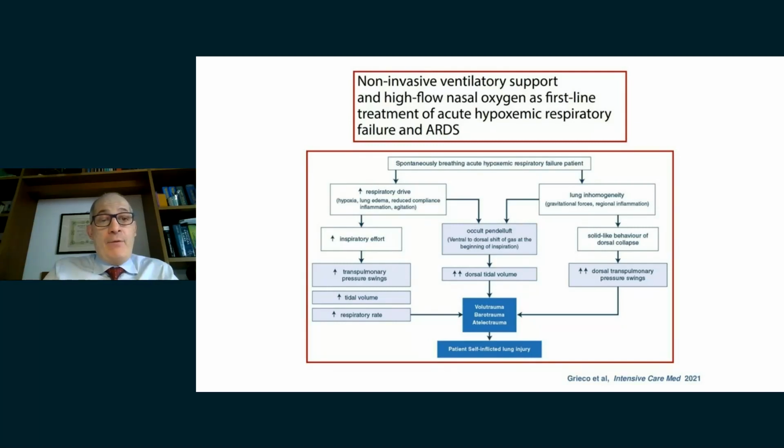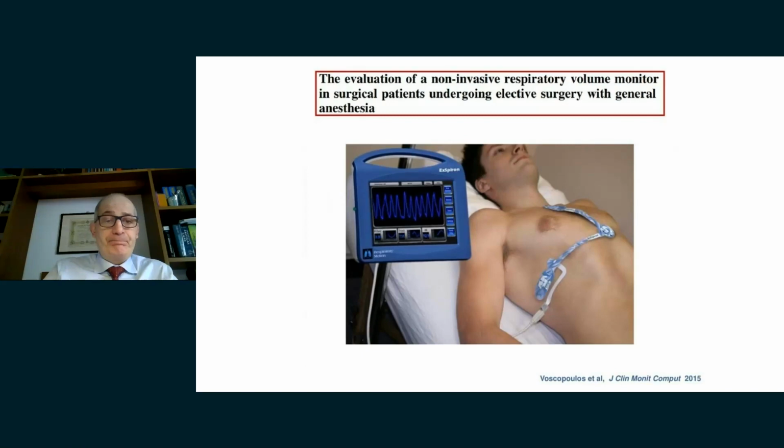So if we want to avoid and reduce volutrauma, we have to monitor and also reduce as much as possible the development of high transpulmonary pressure, tidal volume and respiratory rate.